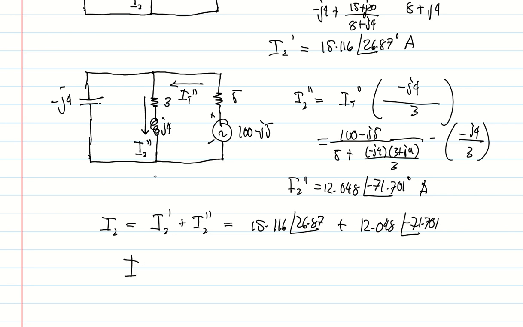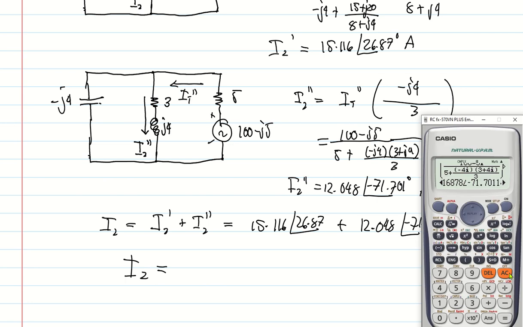So I2 now will be equal to 15.116 angle 26.87 plus 12.048 angle negative 71.701.